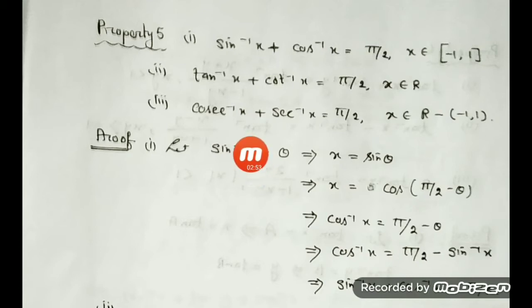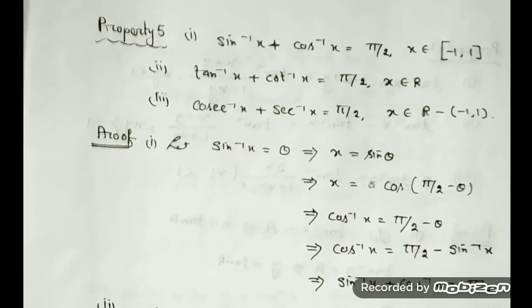First quadrant angle is what? 90 degrees minus theta, or theta itself, positive theta. So you have to introduce cos; that's why we change sine in terms of cos. I'm writing pi by 2 minus theta. Then from here we can find cos inverse of x, that is pi by 2 minus theta. Theta is sine inverse of x. Just replace it, then you got your answer.